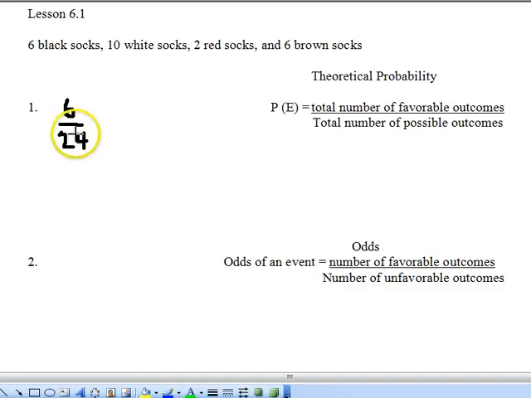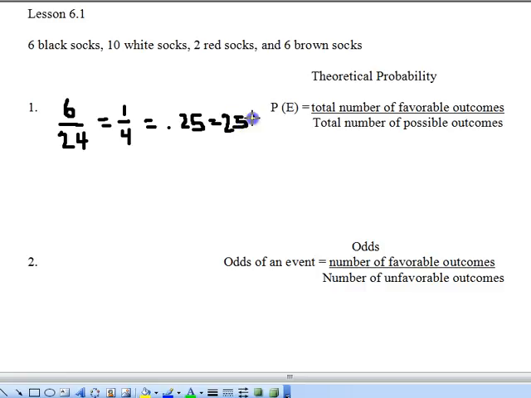That's our total number of outcomes, and this is our total number of favorable outcomes. You can reduce this to 1 over 4. 6 goes into 6 one time, 6 goes into 24 4 times, and you know that 1/4 is equal to 0.25, and that of course is equal to 25%.